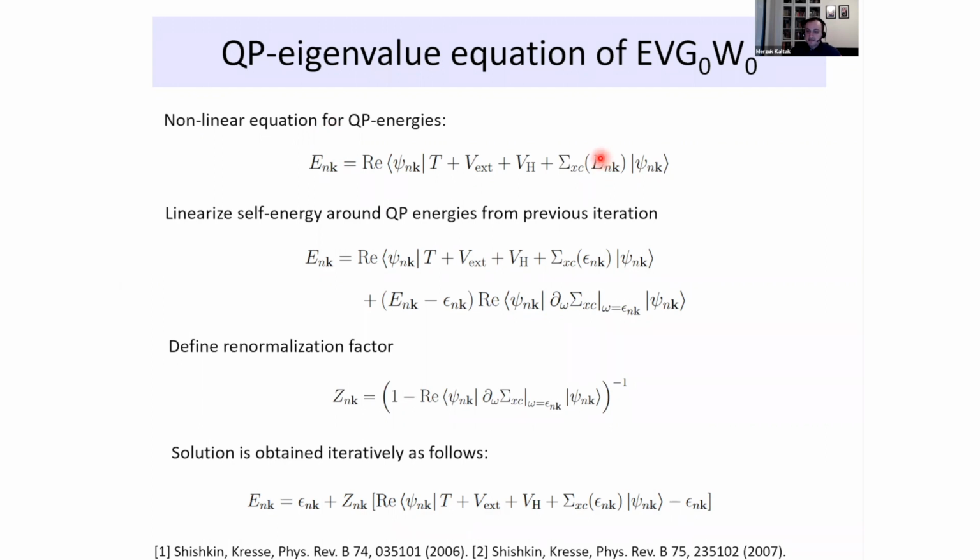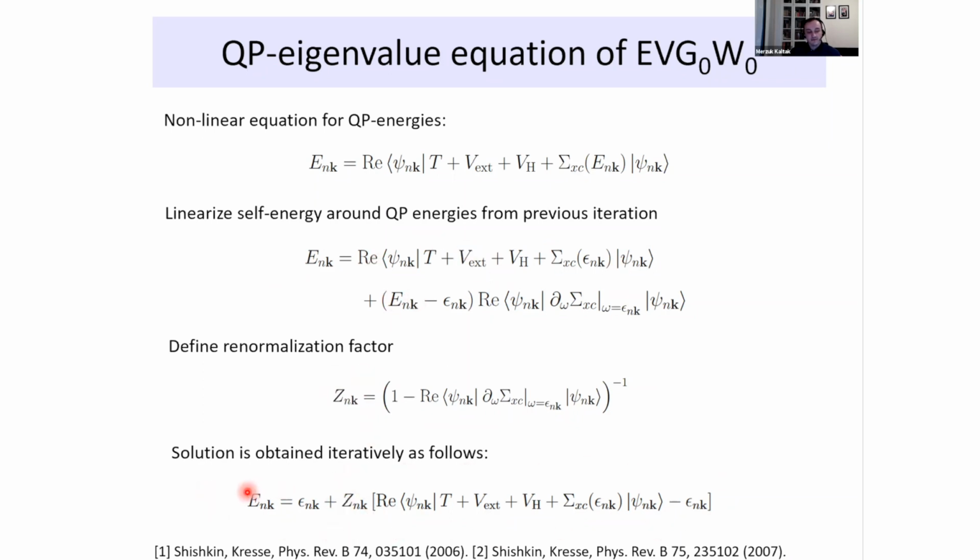Now, typically, this equation is solved by linearizing this object up to first order around the Kohn-Sham energies. So if you do so, you end up with this approximated form for these energies. Note that you never update the orbitals here. This equation is furthermore simplified by defining the renormalization factor, and then you can rewrite it into this form.